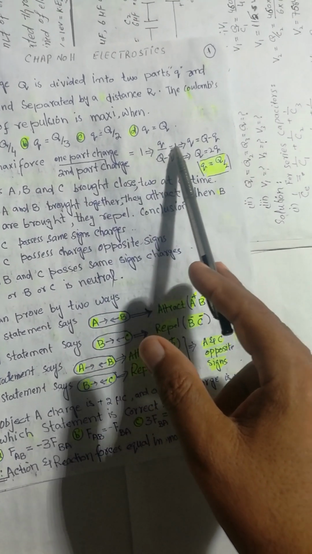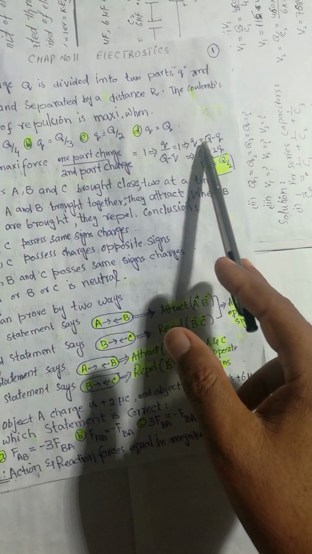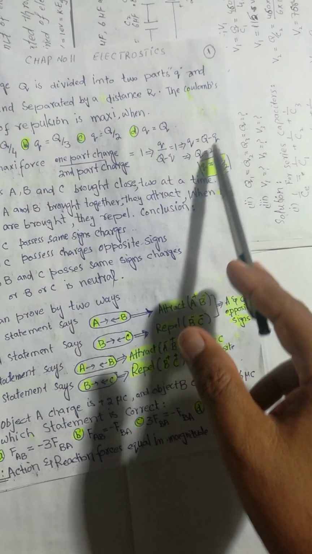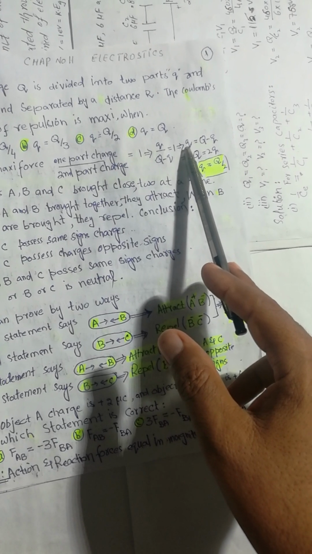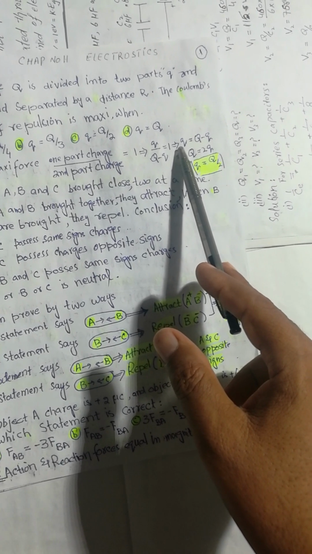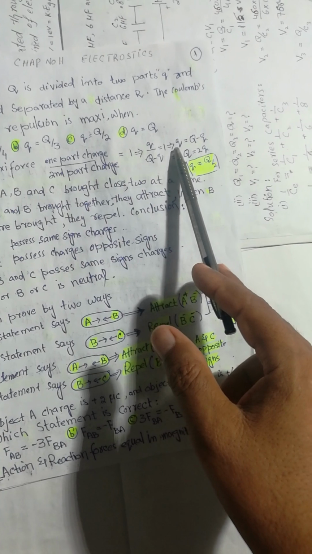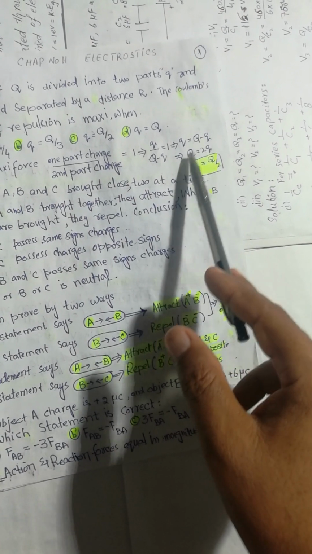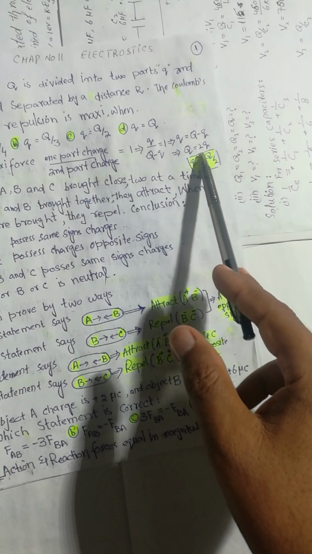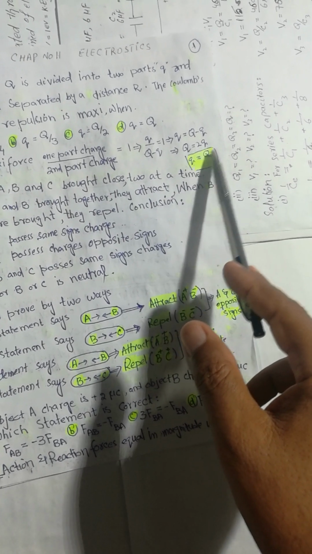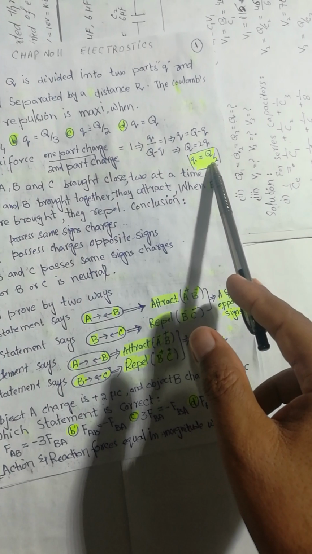Now after cross multiplication we get small q equals capital Q minus q, and this minus q is taken to the other side, so on this side we have 2 q's. Their sum will be 2q, so capital Q equals 2q. Now divide both sides by 2 and we get small q equals capital Q by 2.